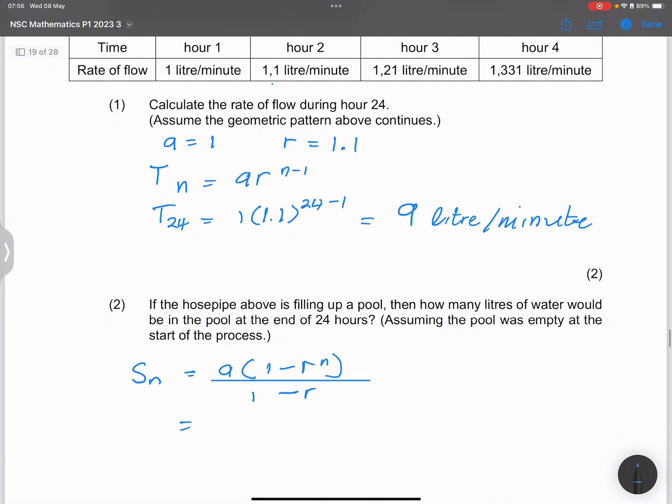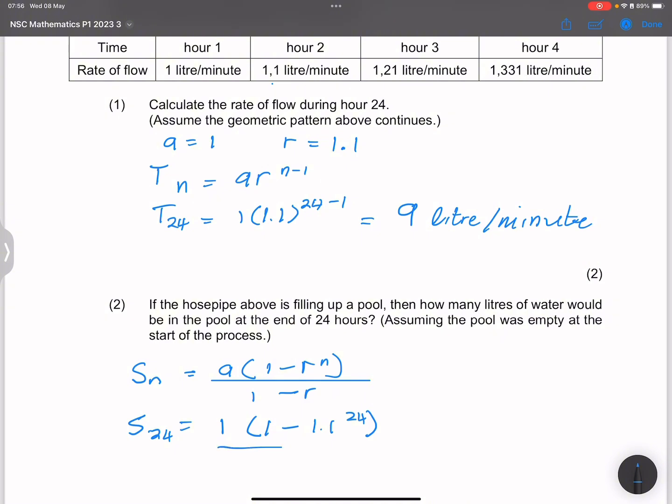So our A value is 1, and that's 1 minus 1.1 exponent n, and our n value is 24 hours.